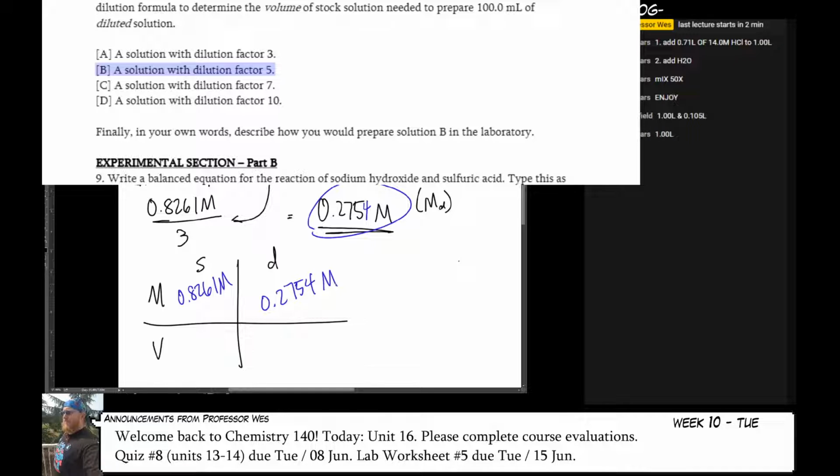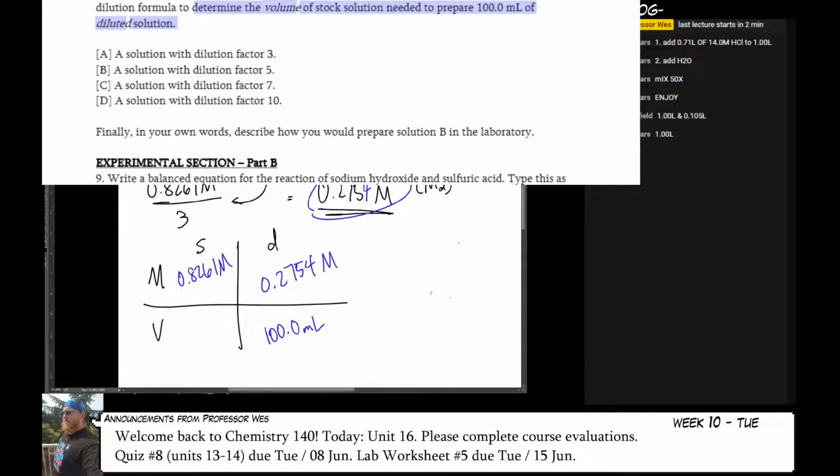And you know that you need to prepare 100 milliliters because the lab procedure tells you to do that right at the top there: prepare 100 milliliters of diluted solution. Okay, so we'll do that.